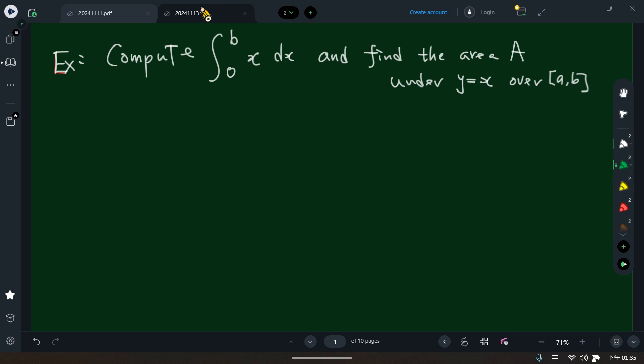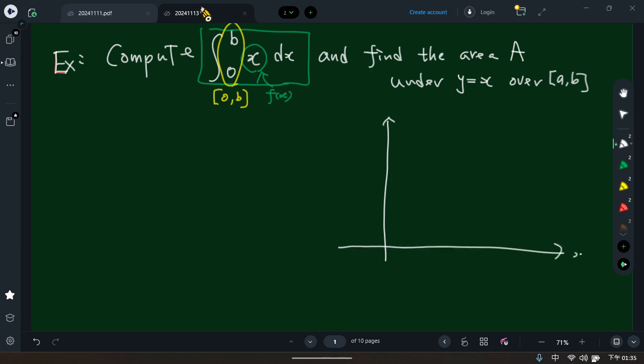So we already know the notation for the definite integral. This is the integrand, right? This is the function, right? This is the interval 0 to b. So based on this, we can simply draw this function on the plane.